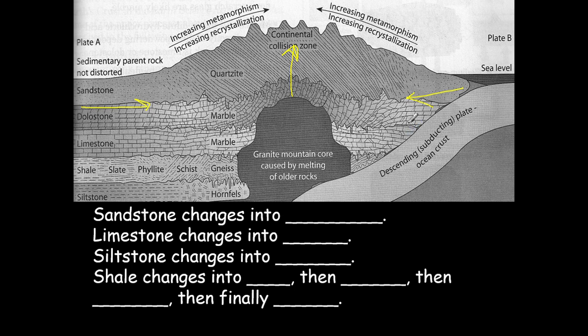Now, the way that we identify phyllite is it's going to have shiny mica crystals. So how do we see that? Well, it's going to be a very shiny rock, but now this mineral here, garnet, is in phyllite. Garnet is a very, very hard mineral.